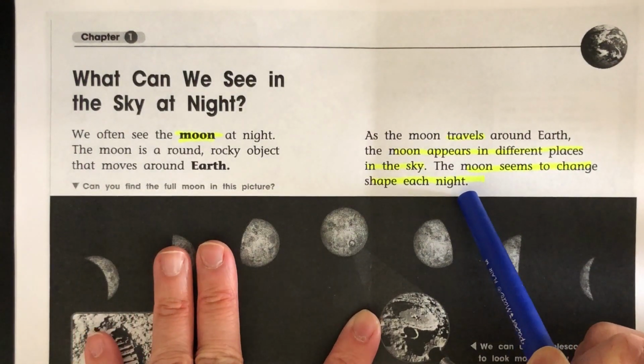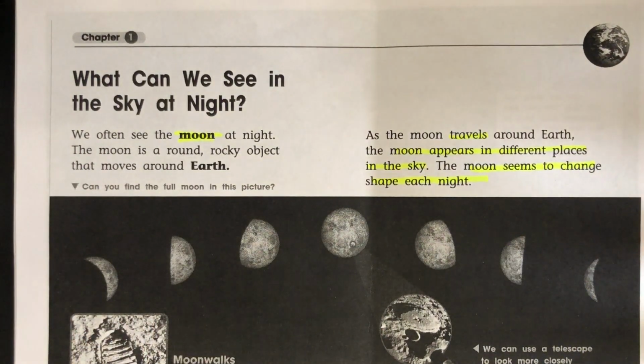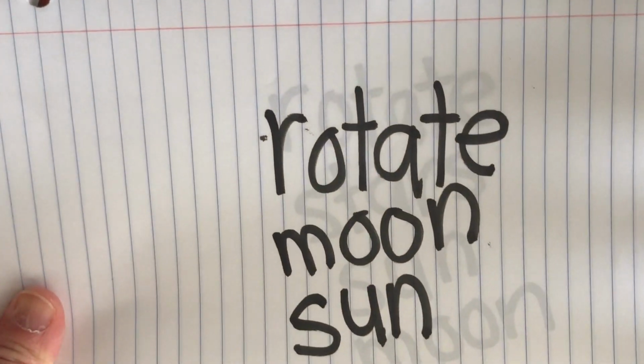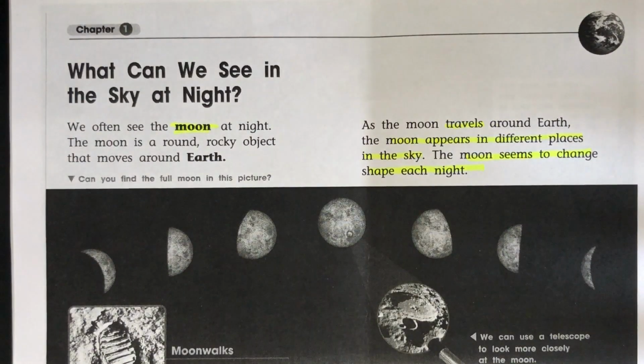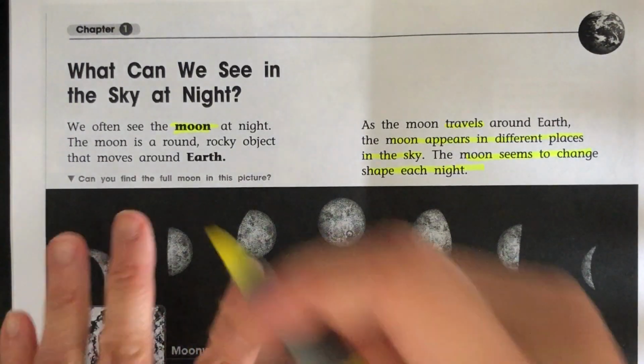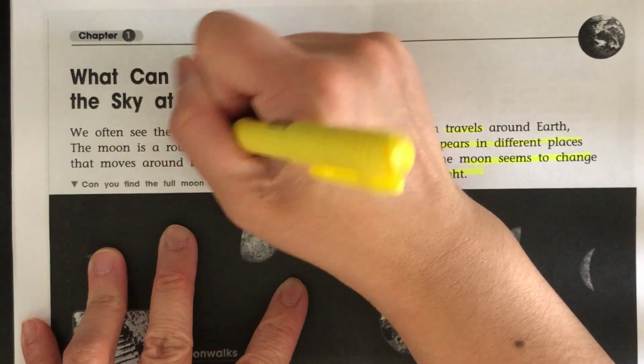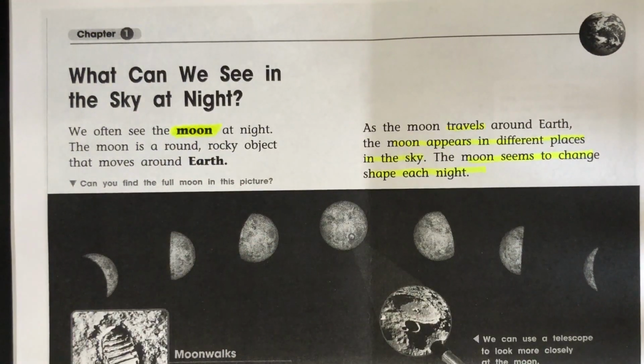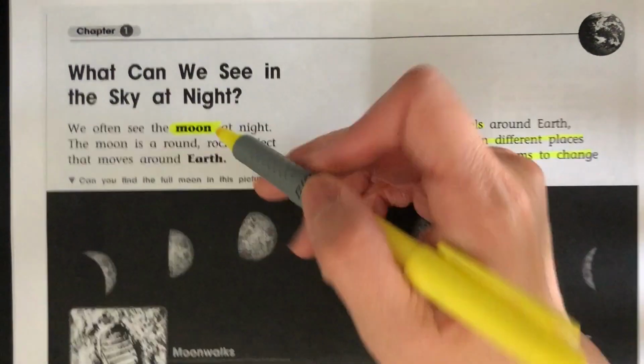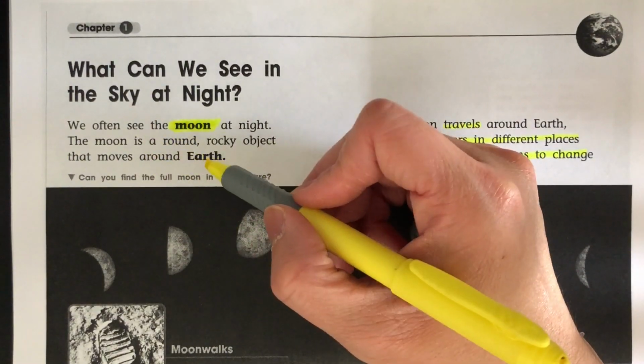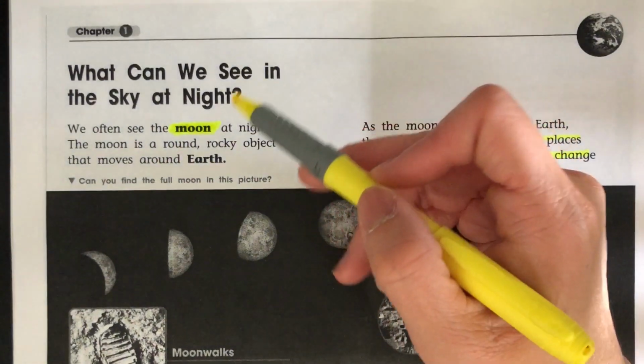So remember, we were looking for the word moon, and we're going to practice using our context clues to find out what the word moon means. So what I did was I highlighted the word moon, and then I'm going to look around this word to see if there are some clues that can tell me what a moon is.